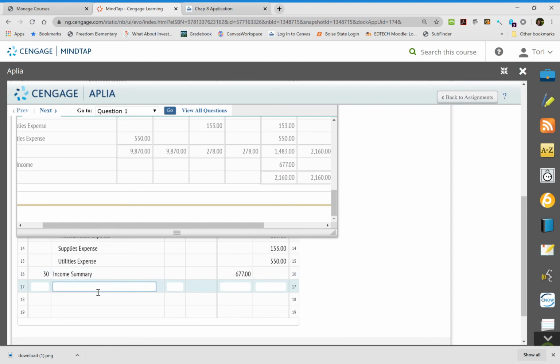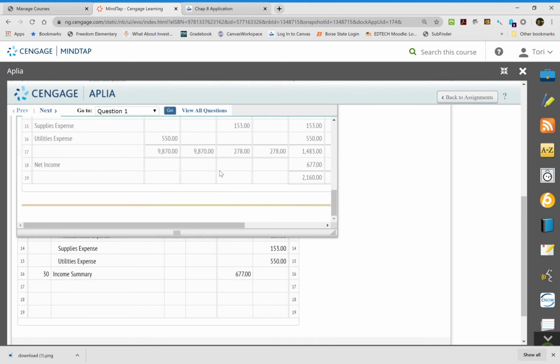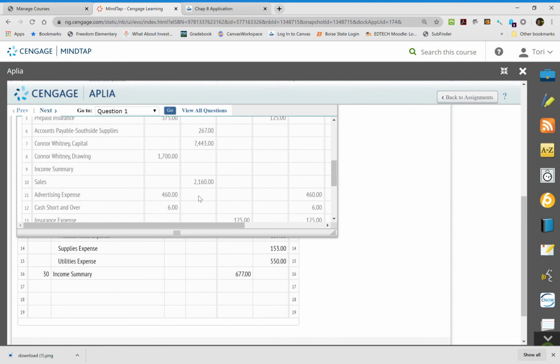And then we're going to credit our capital. Now I need to figure out who our capital is. It's Connor Whitney.